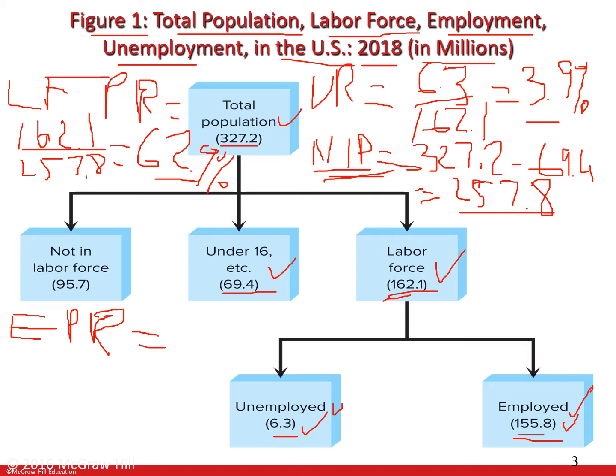So this is equal to 155.8 million divided by the non-institutionalized population, 257.8 million. Of course, you always multiply the result by 100 to convert the result from decimal to percentage. So here you get 60.4%.